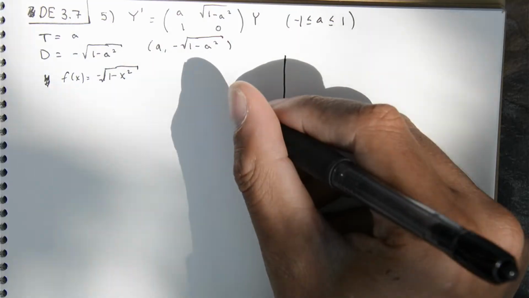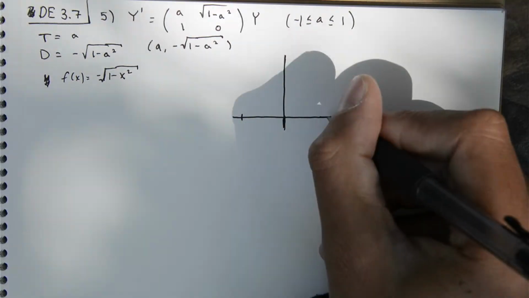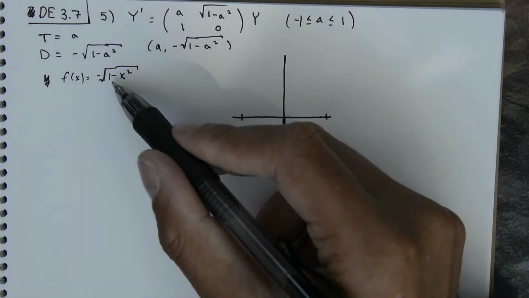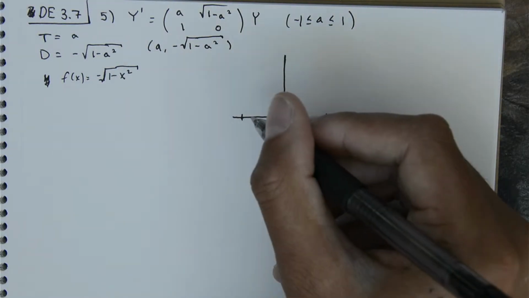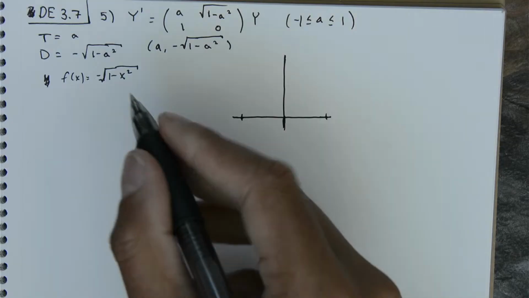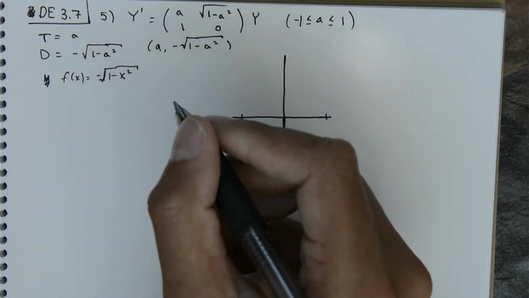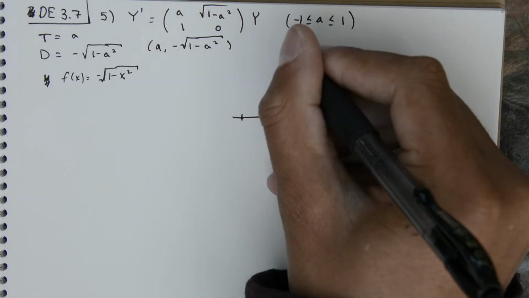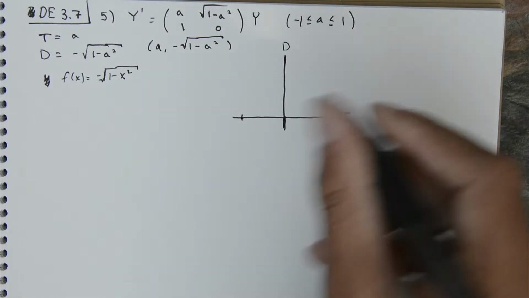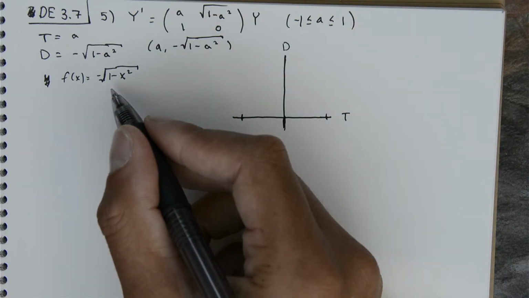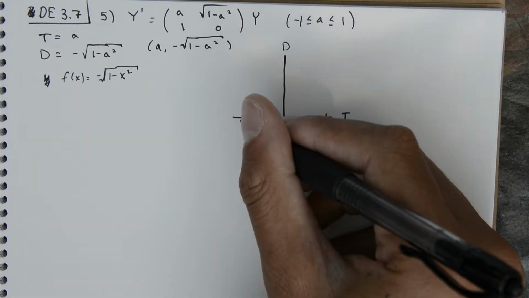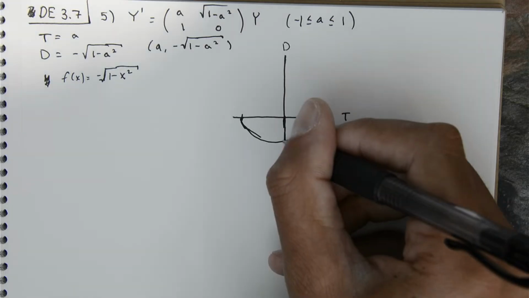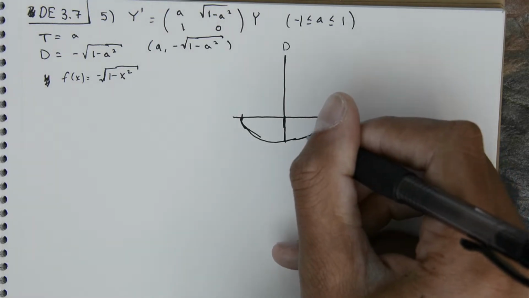So let's say this is minus 1. And this is going to be 1. Then we're going to get 0, right? So it's going to be here. And then when this is 0, wait, that's when this is D and this is T. When T is 0, we're going to get minus 1. So yeah, I think I did kind of cheat because I kind of saw the answer, but it's like this. Terrible picture.